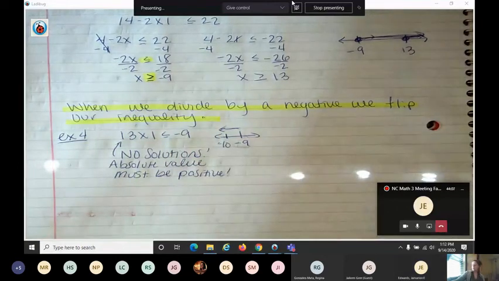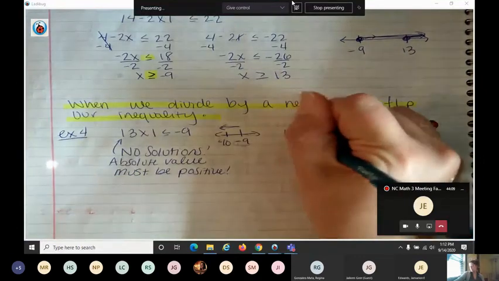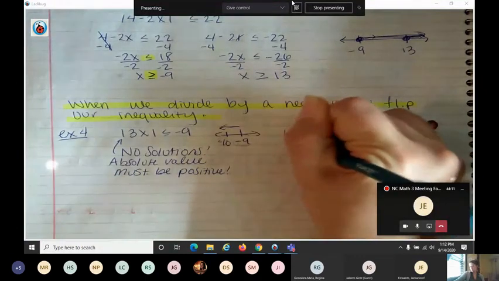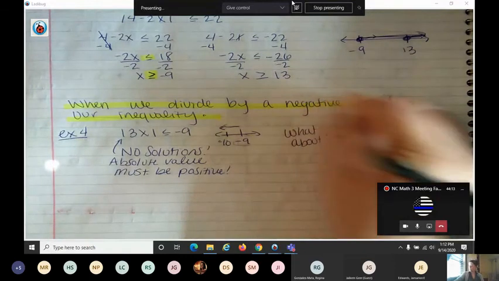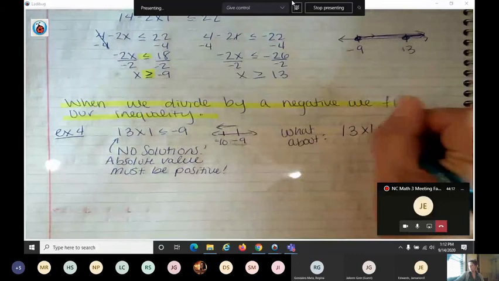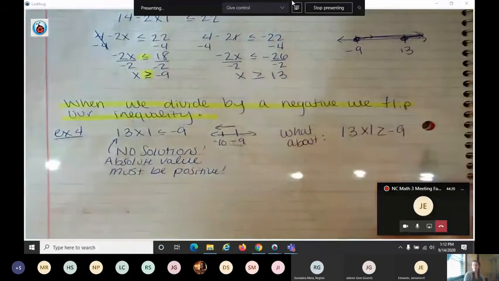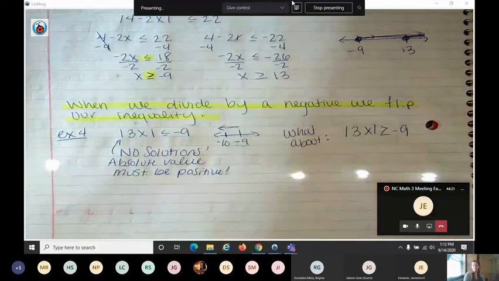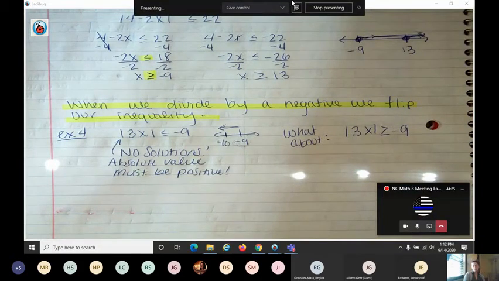All right, but what if I did this instead? If I had the absolute value of 3x and it was greater than or equal to -9, could I have a solution there? Yeah.